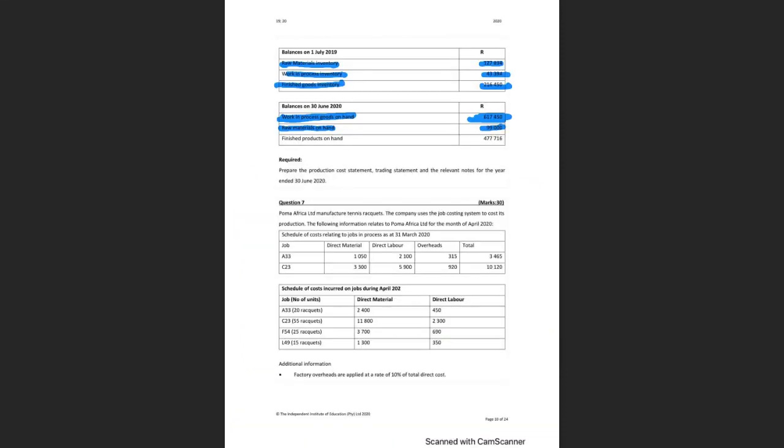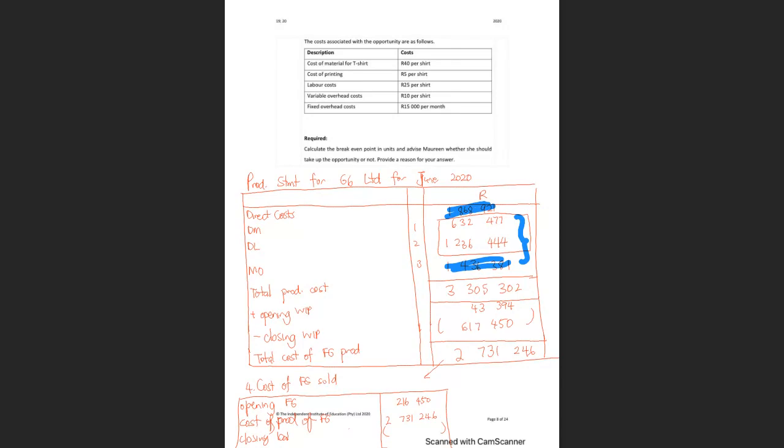So your closing balance of your finished goods is this last item, 477,716. And that's going to give you a final answer of 2,469,980.